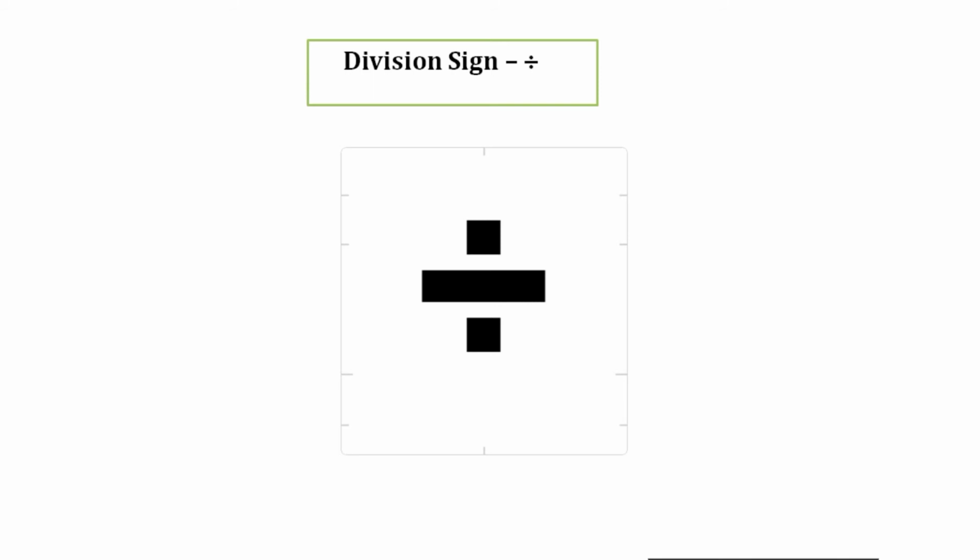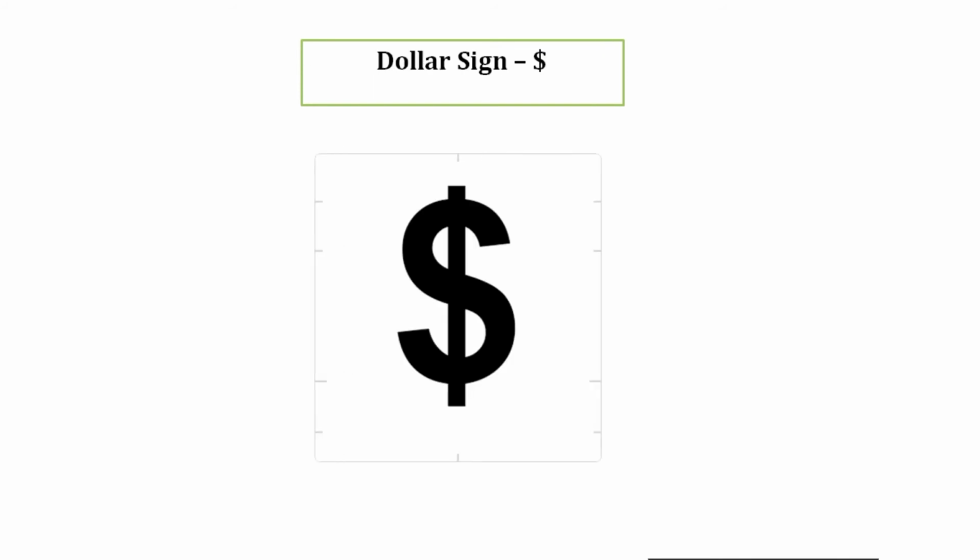It is placed between two digits. This one is the sign of dollar. It is used to represent a US currency value. It is placed before the currency value. You can see here on the screen.